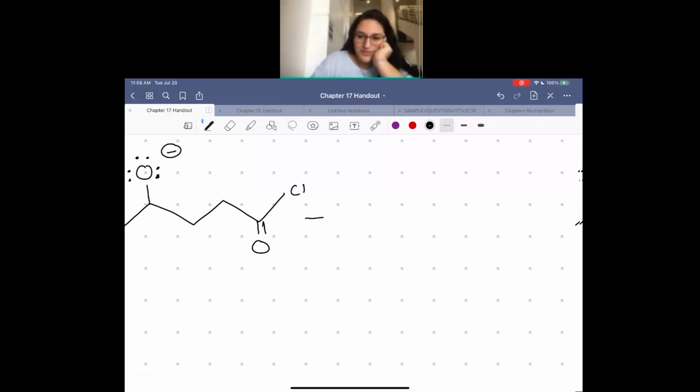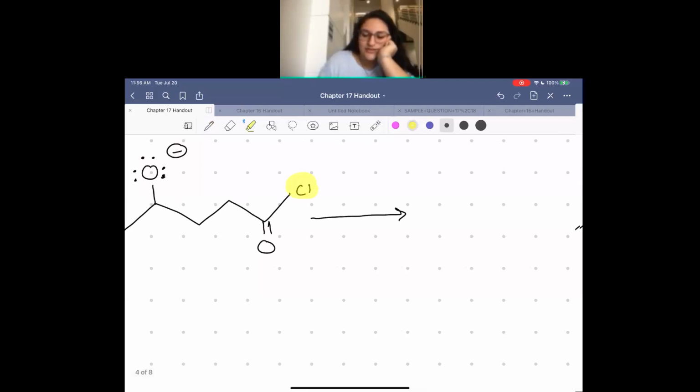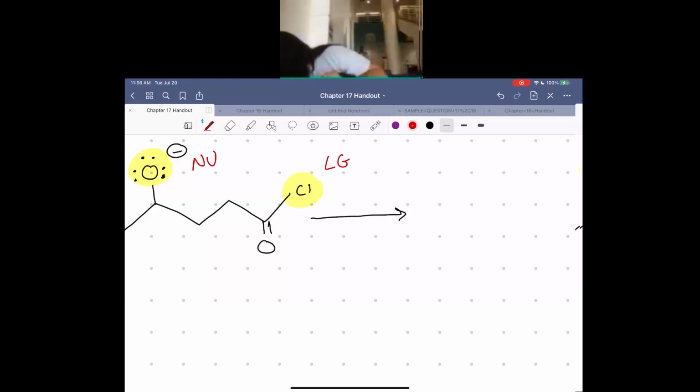All right. So at this point, we have something with a negative charge and we have a carbonyl. Hey, this looks really familiar. This looks like one of those reactions where we pick a leaving group, we pick our nucleophile, and we don't even have a hydrogen to get rid of.